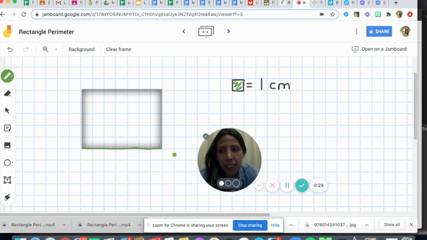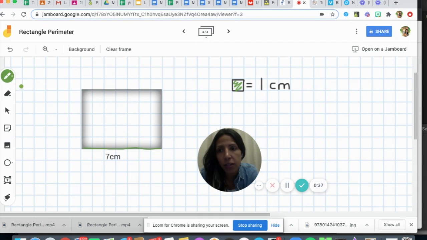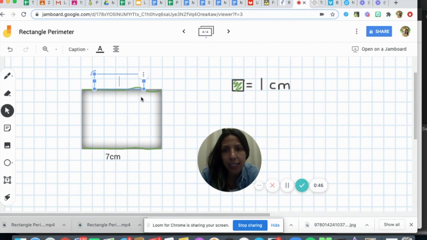So it will be 7 what? We know it's 7 squares, but it says here 1 centimeter per square. And then you know that the opposite side has exactly the same length, which would be 7 centimeters.